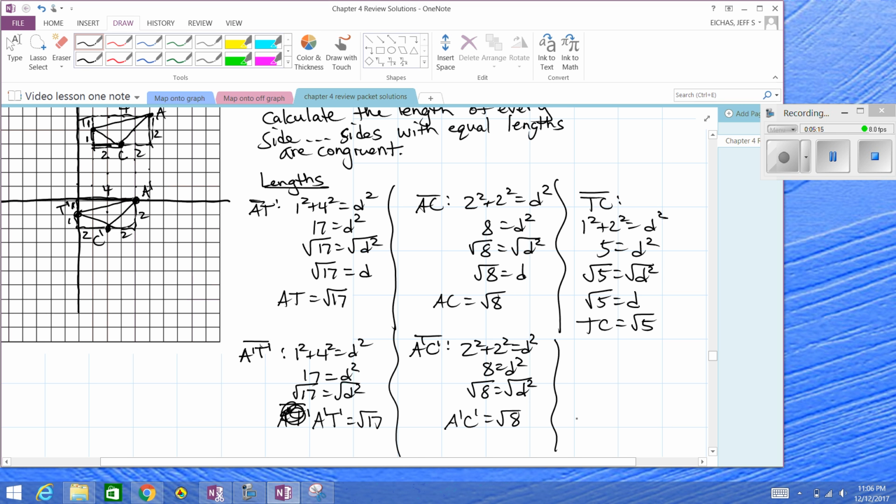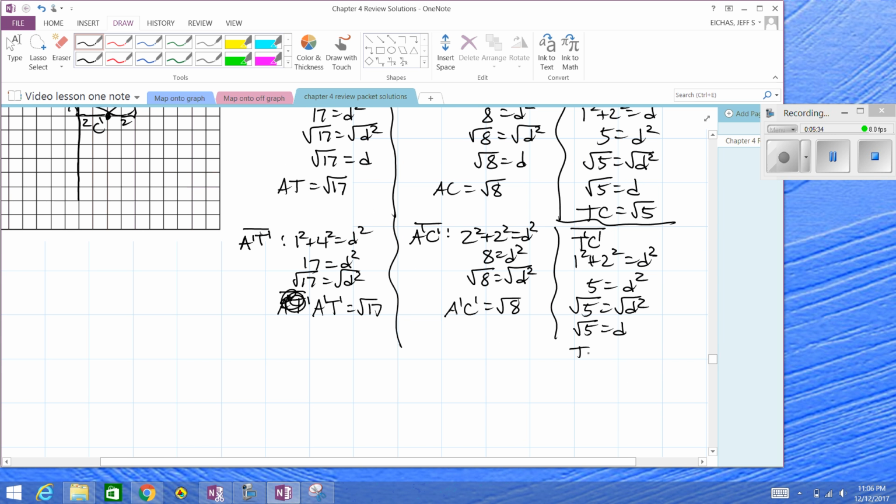Okay, and finally T prime C prime. That one's going to be 1 squared plus 2 squared. And T prime C prime is square root of 5.